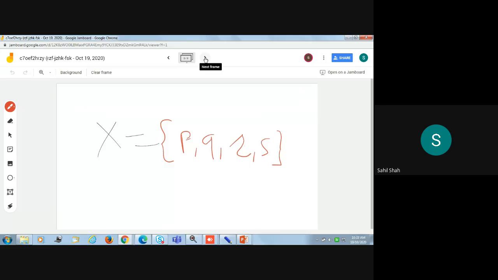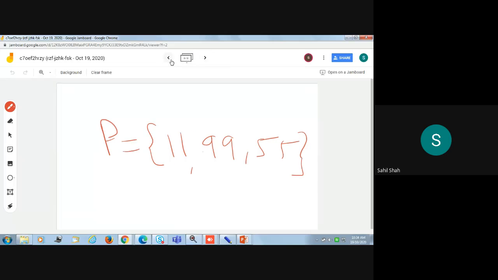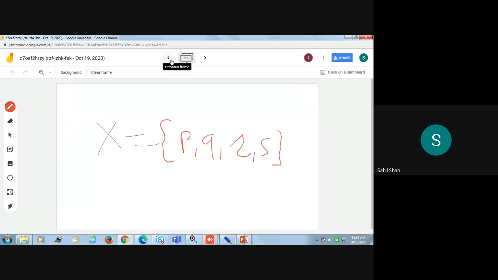Let us say I am defining a set, capital P, having elements 11, 99, and 55. So you have to deal with this. Third one is also written. You can cross check. You have to write the valid partitions.